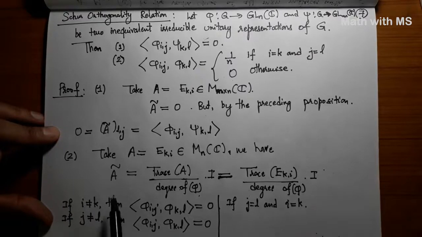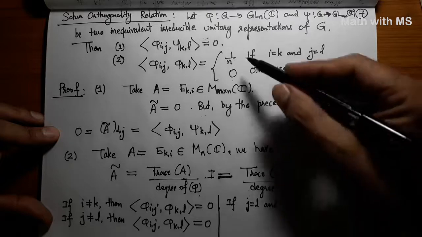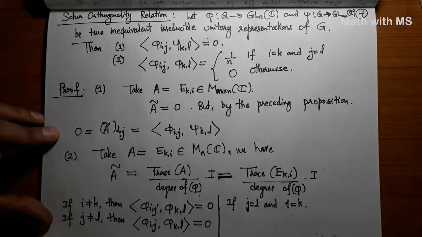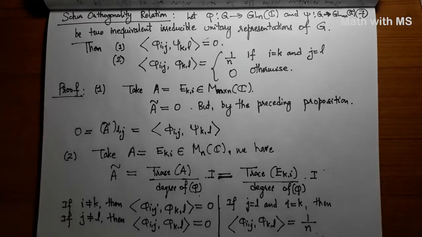So the LJth entry of the matrix A tilde, in the situation when J is L and I equals K, is precisely 1 over the degree of the representation phi, which is precisely 1 over n. Then this inner product of phi_ij and phi_kl in this case becomes precisely 1 over n. So this proves Schur orthogonality relations.